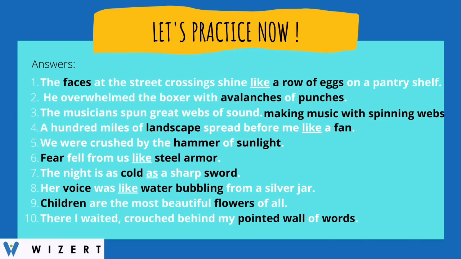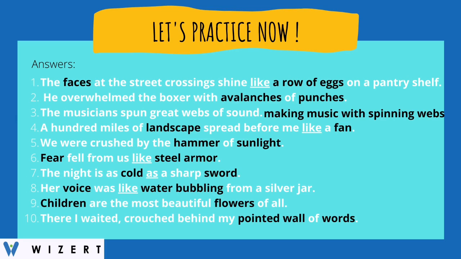Sentence number 2. He overwhelmed the boxer with avalanches of punches. Here, the things compared are avalanches with punches. 3. The musicians spun great webs of sound. Here, making music is compared with spinning webs.